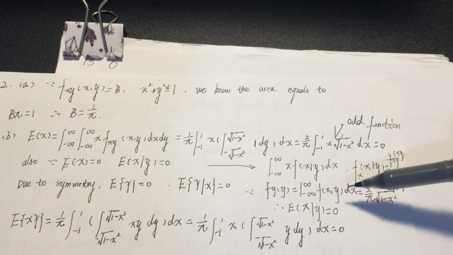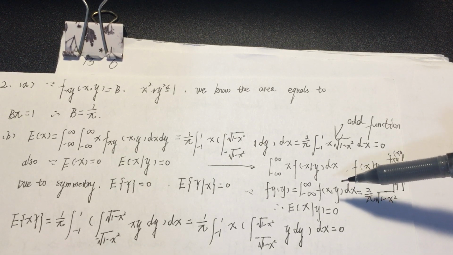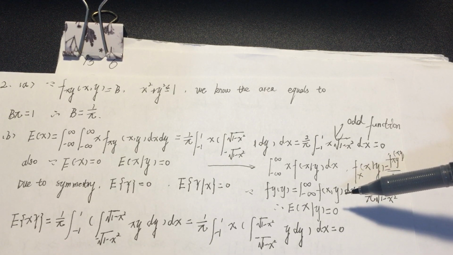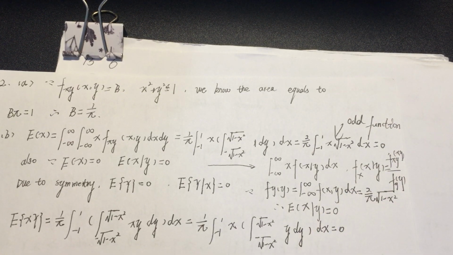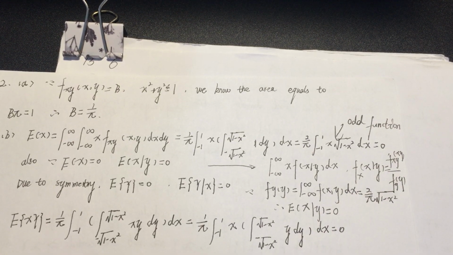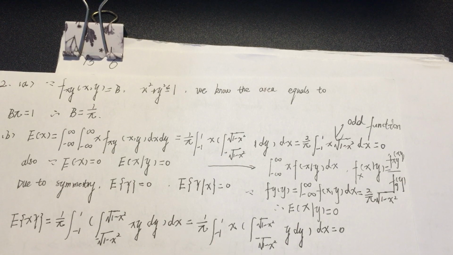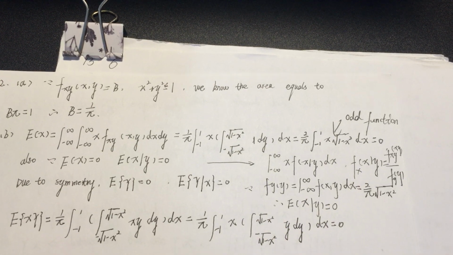So we prove that the expectation of xy equals the expectation of x multiplied by the expectation of y. So we prove that X and Y are uncorrelated.